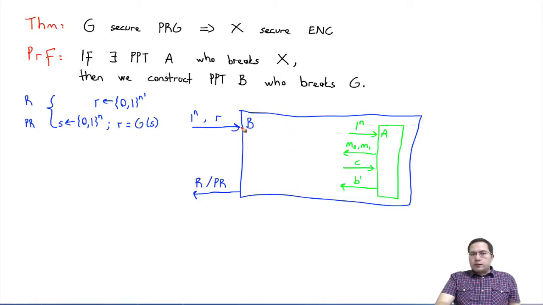For the security parameter, we will just pass on the same value. So this green security parameter will be the same as the blue one. There's nothing interesting here.